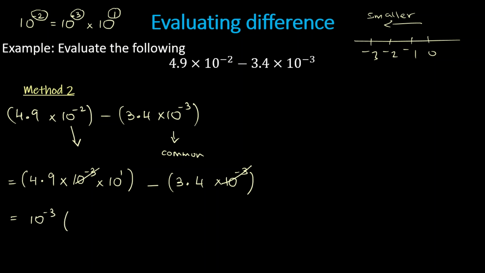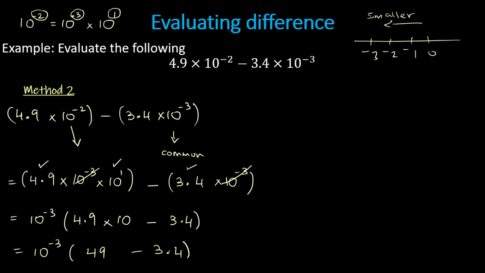We take it outside the bracket, then we write 4.9 times 10 minus 3.4. This is simply 10 power negative 3 times 4.9 times 10 is simply 49 minus 3.4.